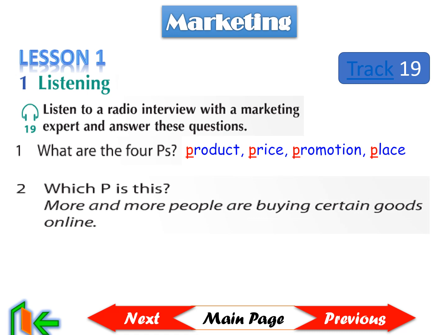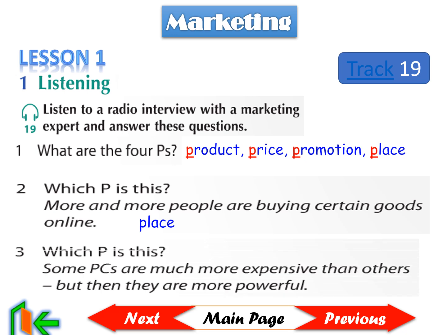Which P is this? More and more people are buying certain goods online. This sentence is relevant to which P? You can guess. Of course, this is about place, because people buy their goods online, so we're talking about the place where the product is sold.